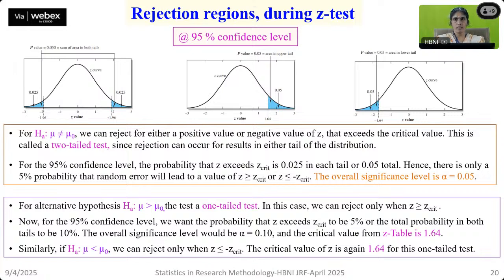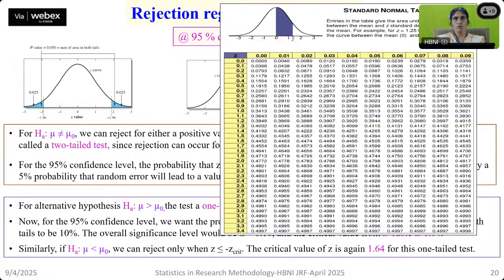That way, you have to read through the table. In the table legends, it is explicitly written. You have to be careful reading through the Z table. This is just to show you the same thing written in this slide. At 95% confidence level, what is the Z value for a one-tail test and a two-tail test?